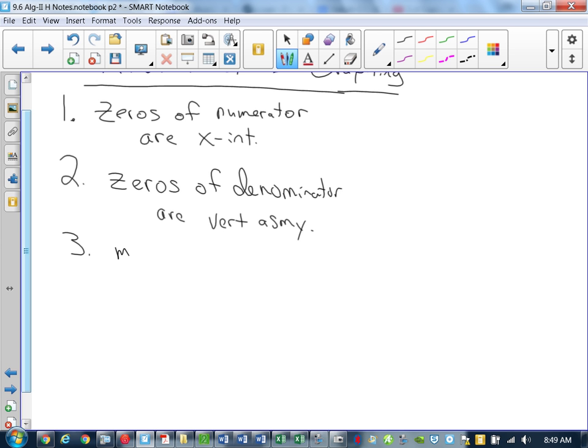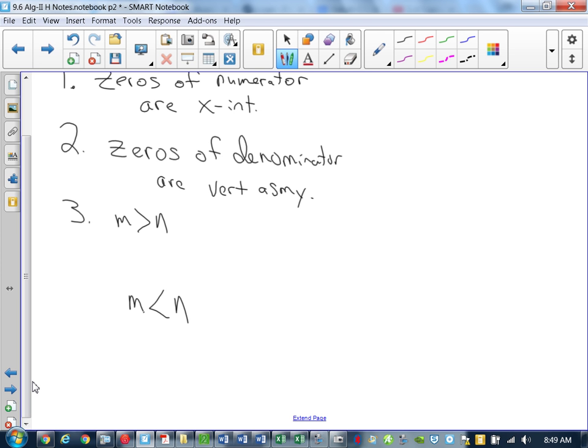Where we said m is greater than n, m is less than n, or m equals n, where m is the numerator degree and n is the denominator degree. Those were your 3 possibilities.